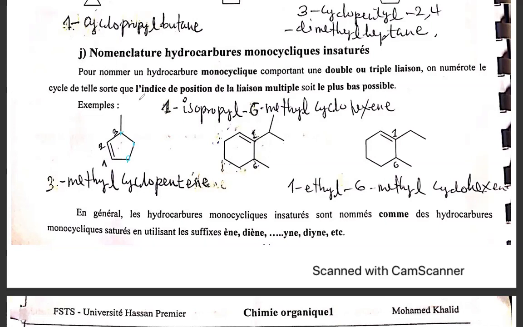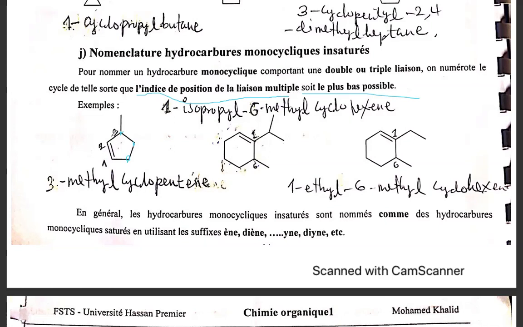sentence, it states that: pour nommer un hydrocarbure monocyclique comportant une double ou bien triple liaison, on numérote les cycles de quelque sorte que l'indice de position de la liaison multiple soit le plus bas. The index of the double liaison or triple liaison is supposed to be as low as possible.